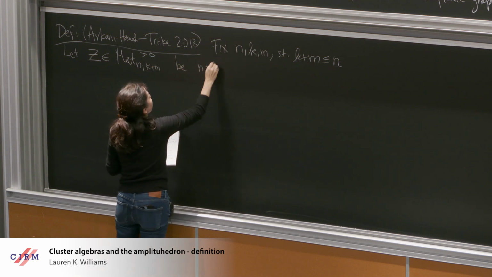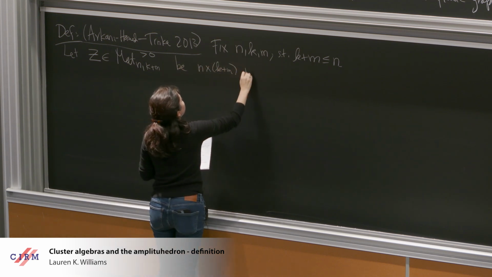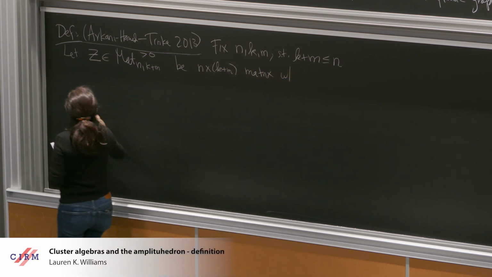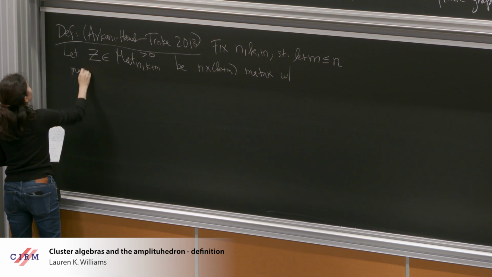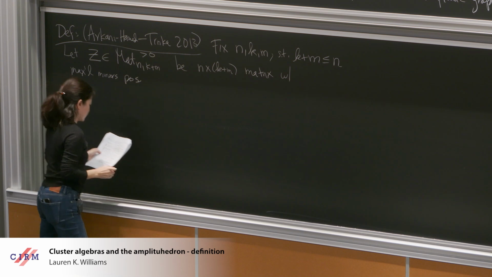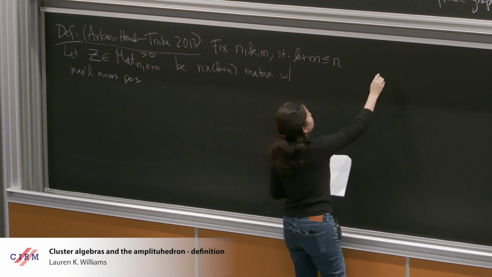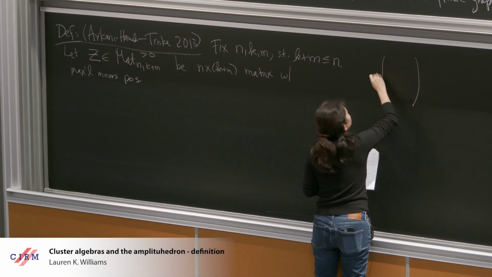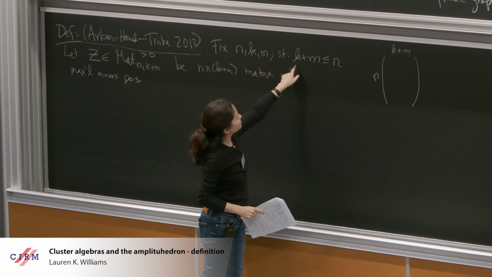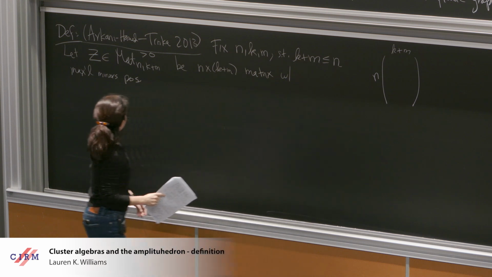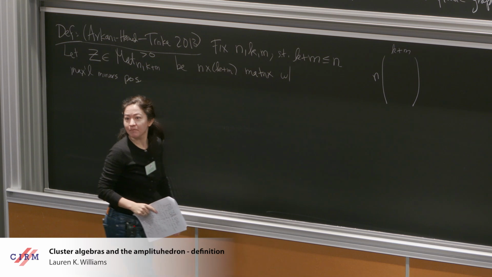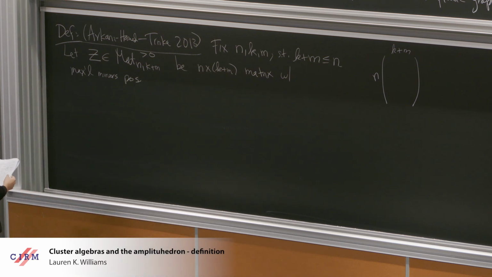So this matrix is going to be a sort of tall and skinny matrix because of this inequality. And so the maximal minors will be the k plus m by k plus m minors, and we're requiring that these are positive.